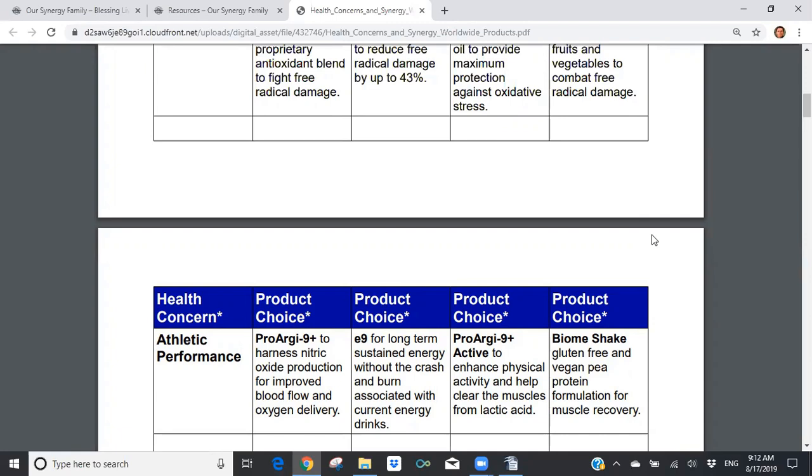Why is this important? Well, if you ever worked out, or if you remember your days of working out in high school and college or after college, whatever, if you ever got that burning sensation in your muscle tissue, that's because you were working what's called anaerobically, without oxygen. And that's accumulation of what's called lactic acid.